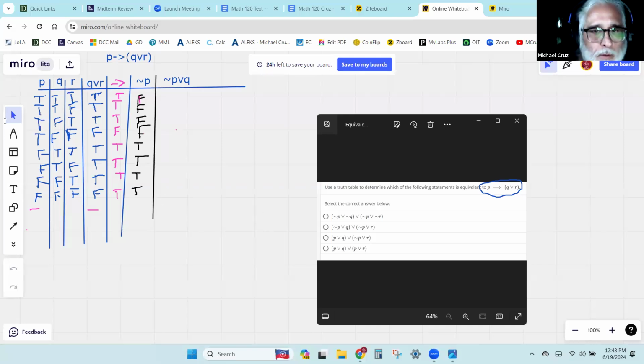So what I'm working on is this one. And like I said, the reason I'm picking that one is because it's only got a not P in it. And the next one also has a not P. The last one has no negations. And the first one has to have a not R. So I wanted to do this one first. If we get it first, then this is a lot shorter than having to do all of them.